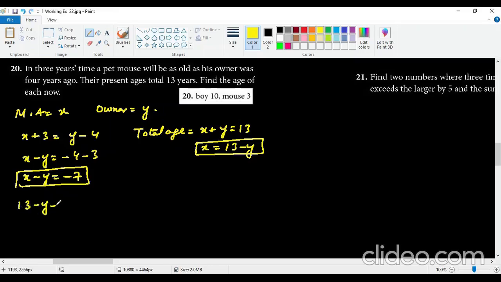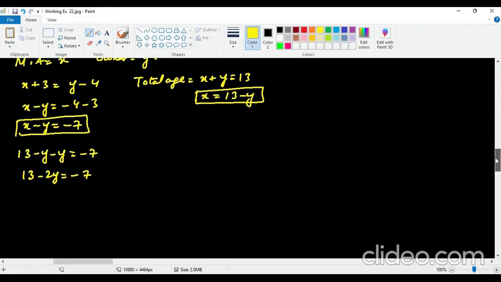So 13 minus 2y equals negative 7. That means negative 2y equals negative 7 minus 13. So minus 2y equals negative 20, and the minus sign is ignored. So 2y equals 20. So 1y equals 10.